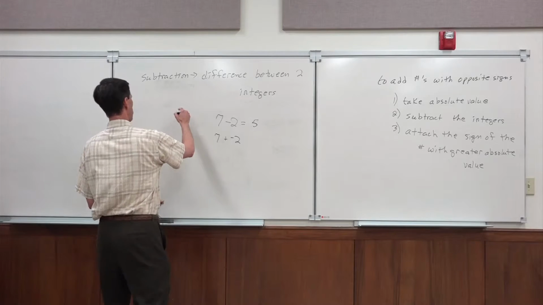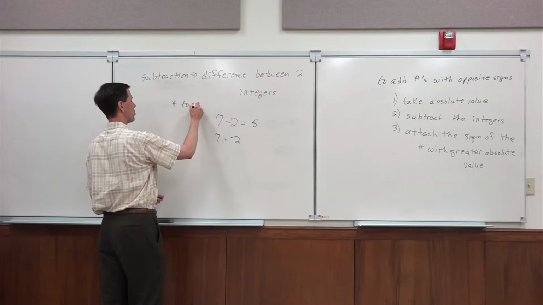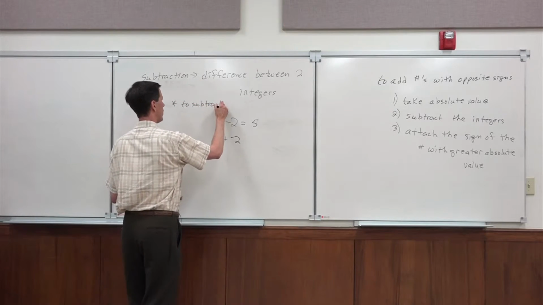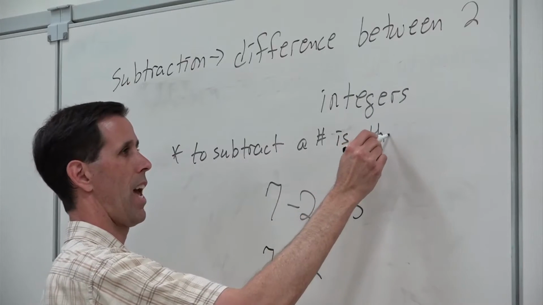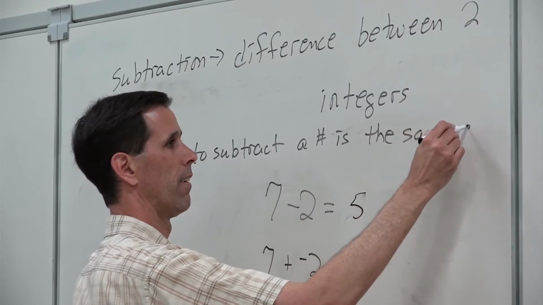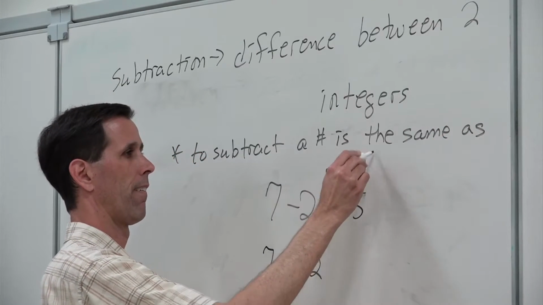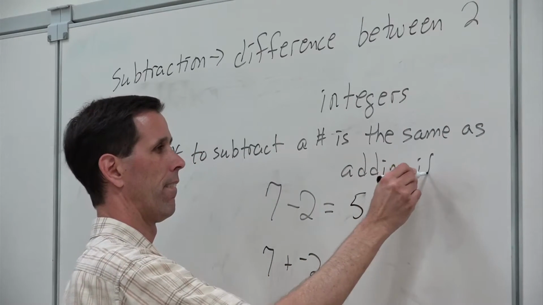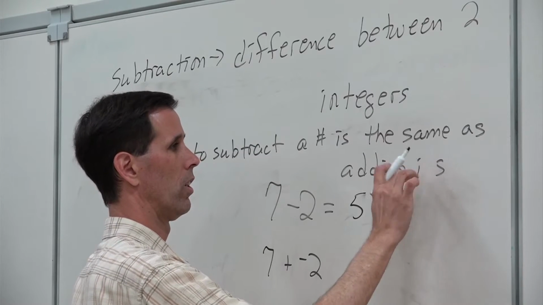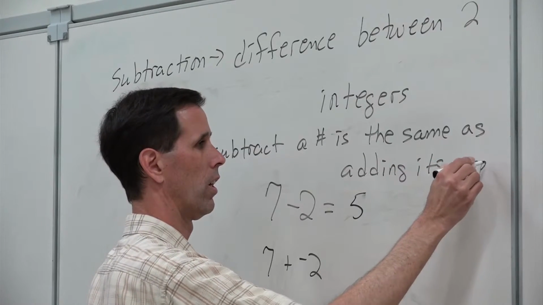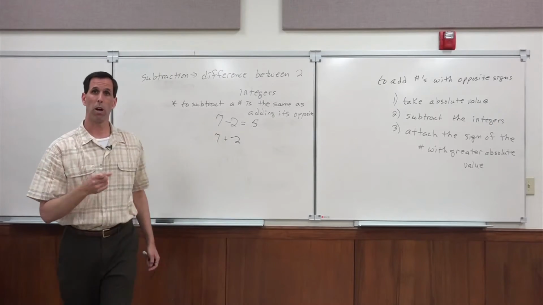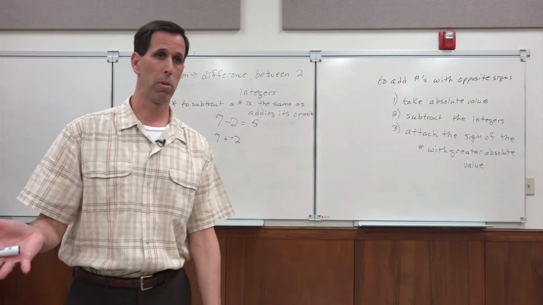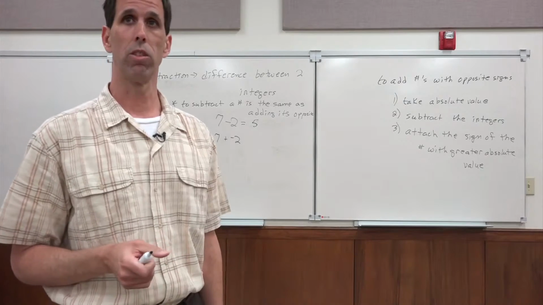So you could also put up here as a little reminder, to subtract a number is the same as adding its opposite. All right? Doesn't do us much good in a problem like this, right? 7 minus 2 is probably much easier than doing 7 plus negative 2.